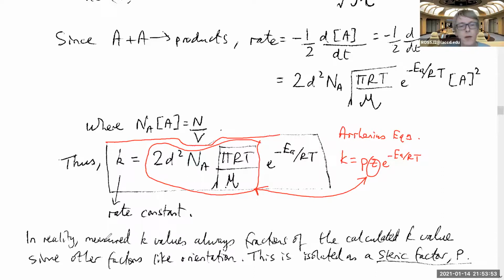In reality, measured k values are always fractions of the calculated k value because of other factors such as orientation. So this orientation is P, the orientation factor, or the steric factor, which is just a fraction.